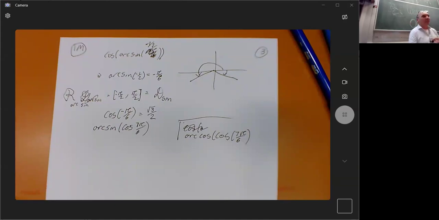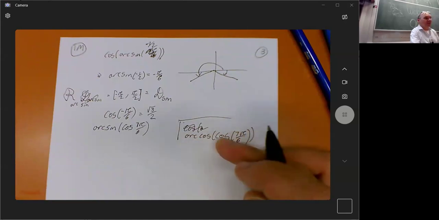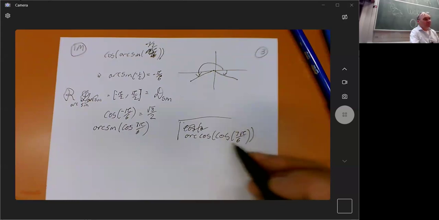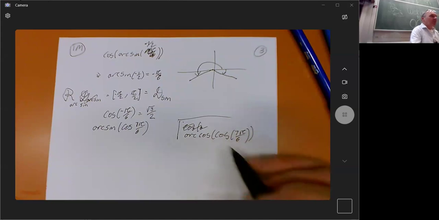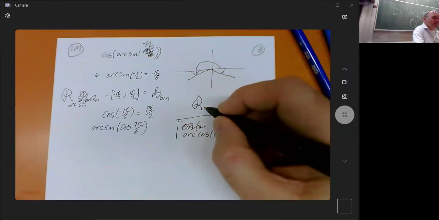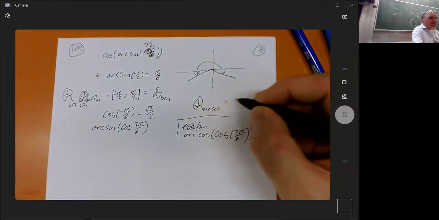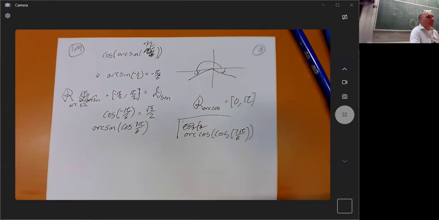It's a trap, people, because you're thinking the arc cos and the cos cancel out. But 7 pi on 6 is not in the range of arc cos. The range of arc cos is 0 to pi. This number is outside of that.